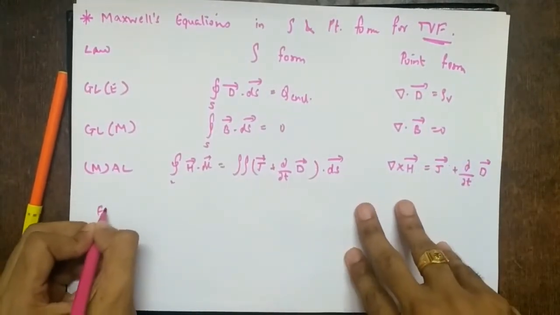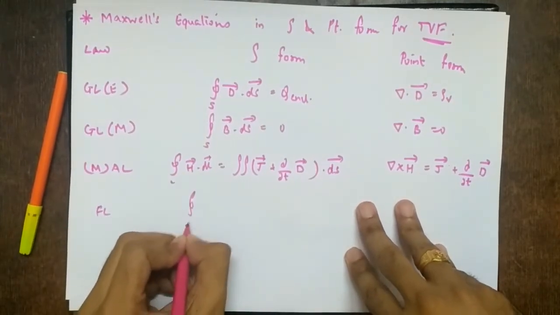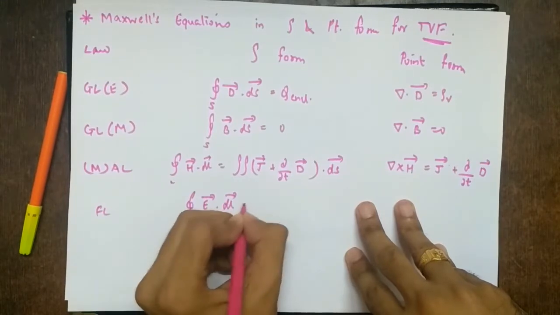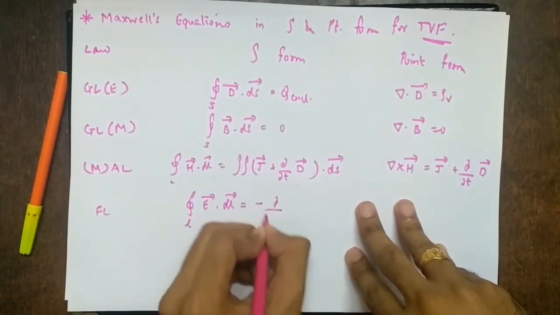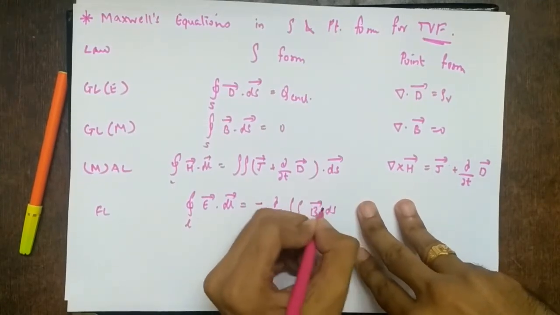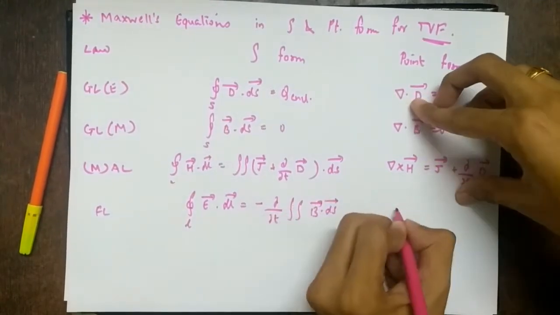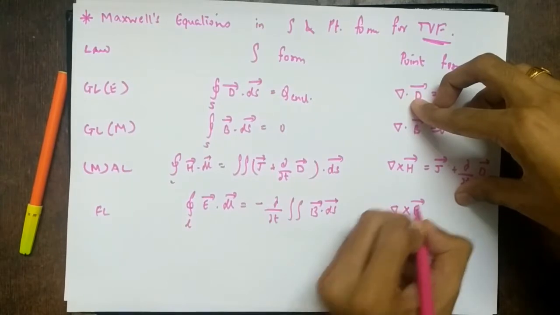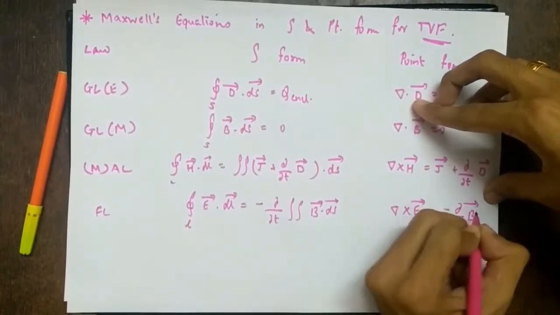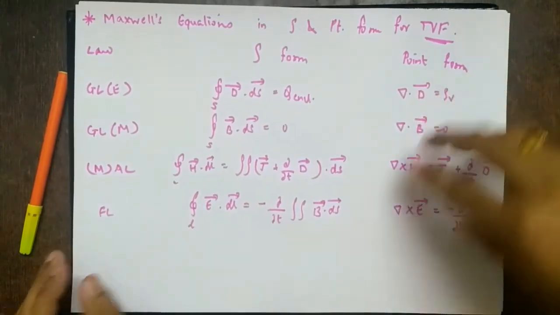Then finally we have Faraday's law. Closed line integral of E vector dot dl vector equal to minus del by del t surface integral of B vector dot dS vector. So this is del cross E vector equal to minus del by del t B vector. So these were the laws.